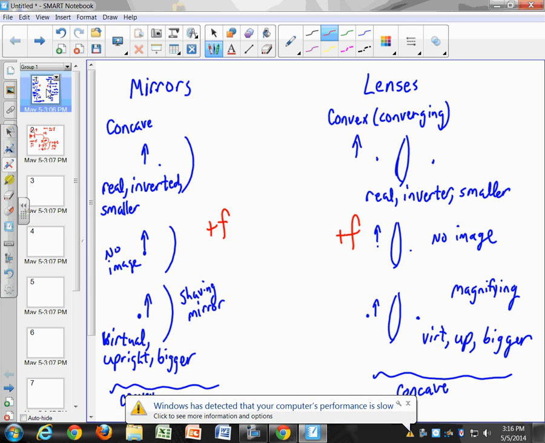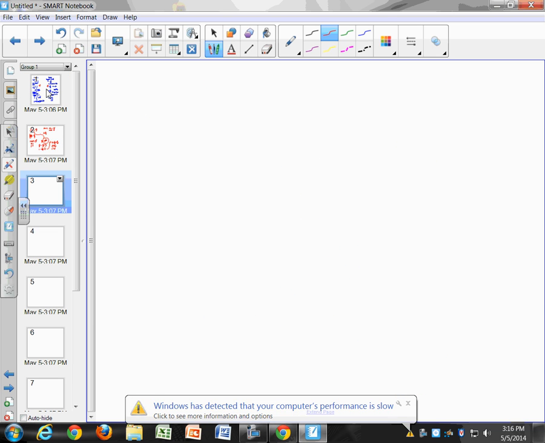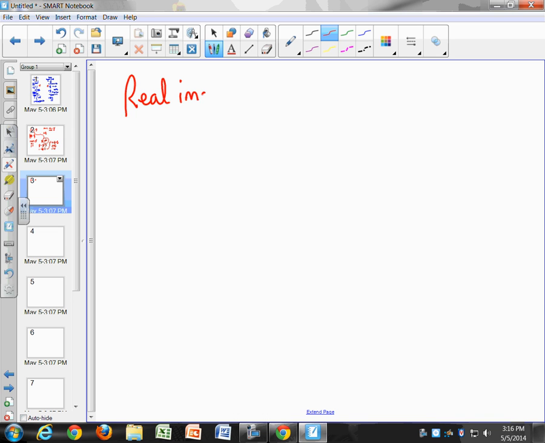Real and virtual images are given by our image distance. That would be information that you would need to solve a problem, but not explicitly stated. If you know the types of images that are formed by the mirrors and lenses, then you'll be able to determine what those things are.